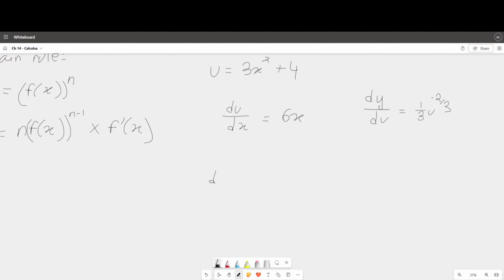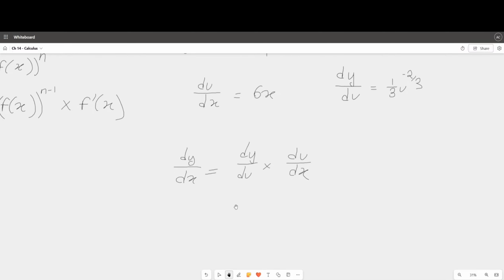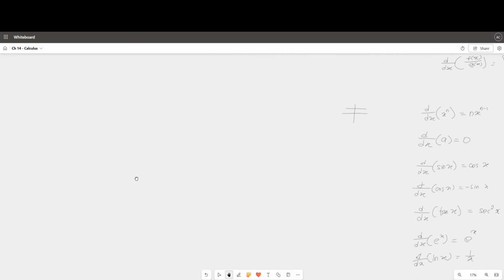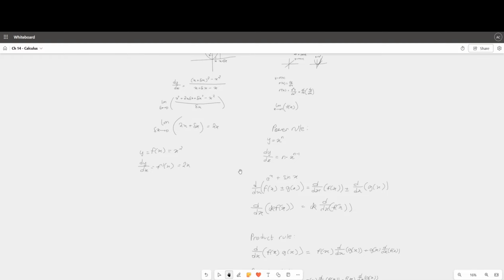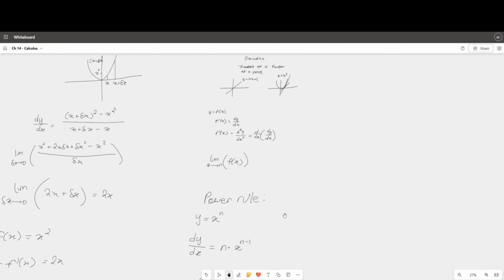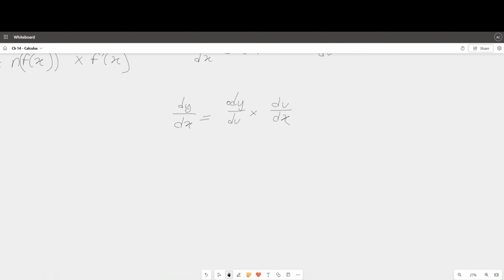But our goal is to find dy by dx. Now this is where a bit of the confusion comes in. But this is what the chain rule effectively is. This statement here, and obviously you'll assume that this is acting like a fraction. du cancels, you have dy by dx, and it technically is, but it can't always be used like that, when we learned about the second derivative, it doesn't actually work out like that.